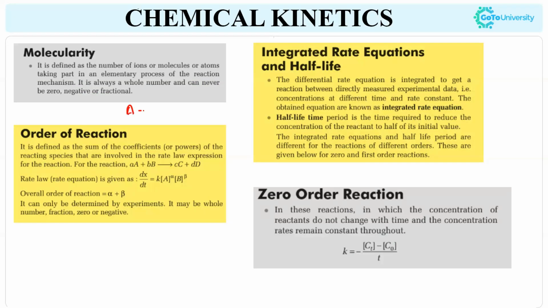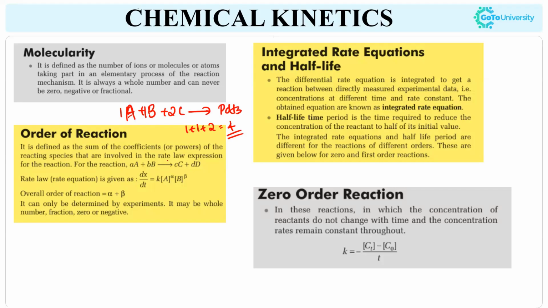For example, A plus B plus 2C producing some products. Here the molecularity will be the total number of particles. Here we have 1A, 1B and 2C, so the total number of particles will be 1 plus 1 plus 2, that is 4. So the molecularity will be 4 here.